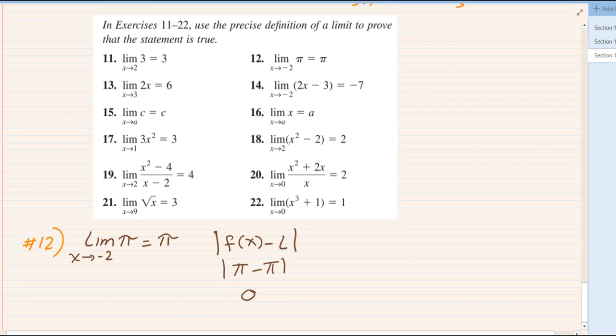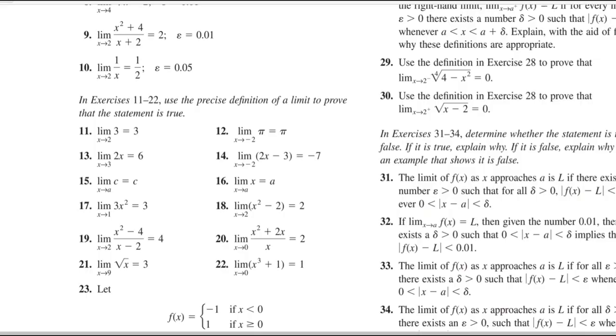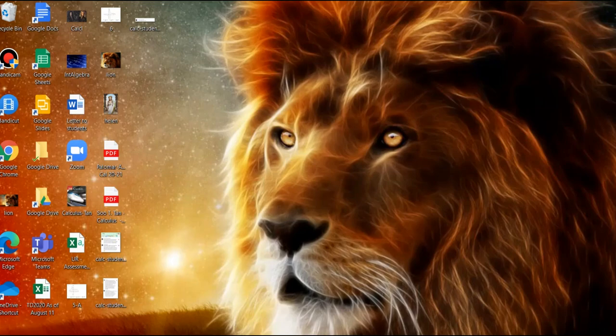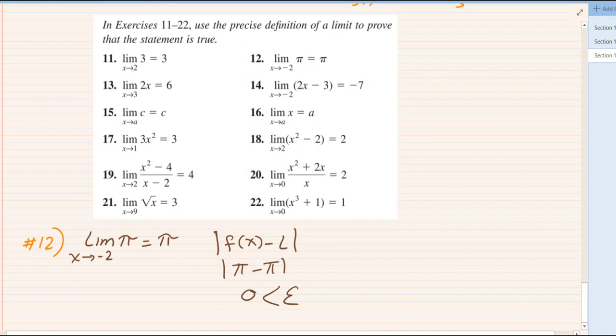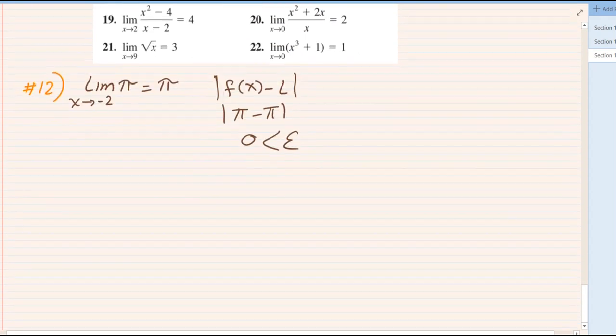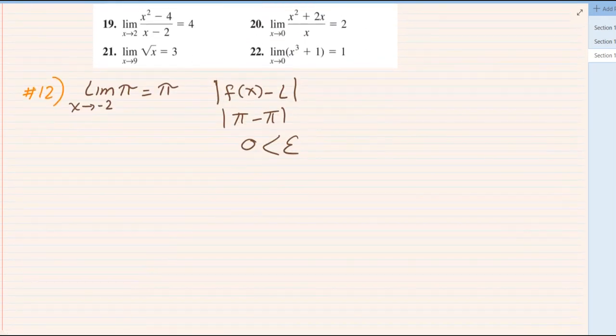Now, as long as we choose epsilon, remember epsilon is a positive number, because that difference is 0, therefore any positive epsilon will work in here, right? Epsilon is going to be positive, and for all x, this is true.